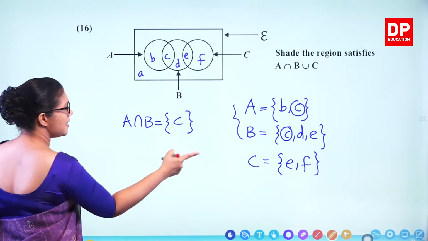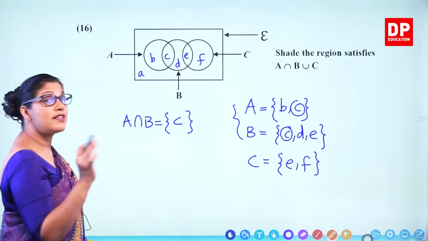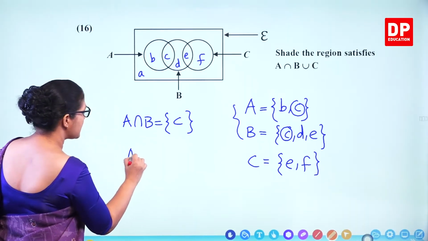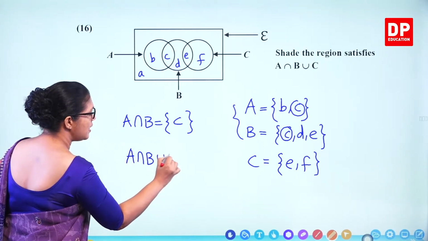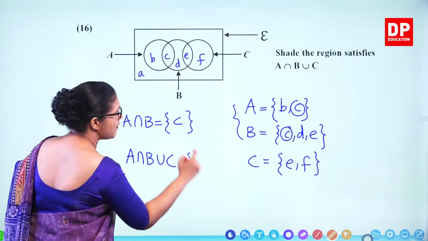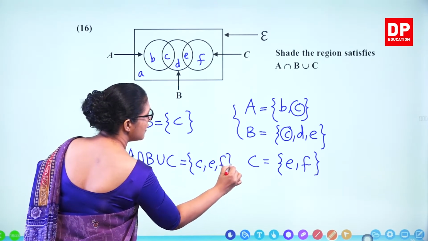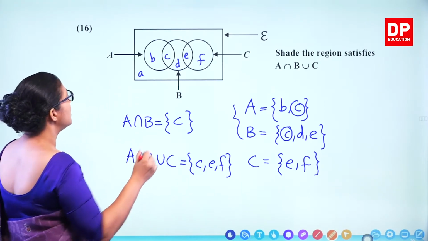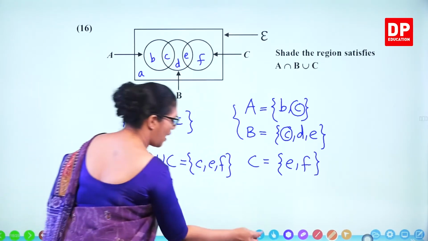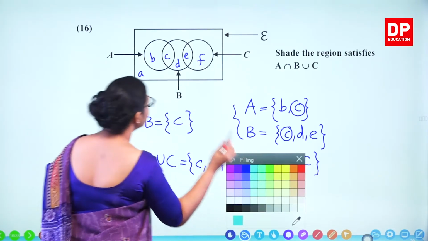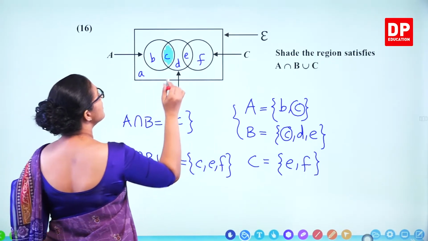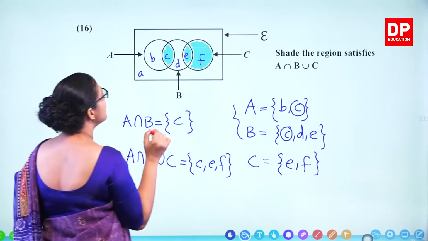And union means we consider all. So A intersection B union C means we write everything. C, E, F. So we have to color this region and this region.